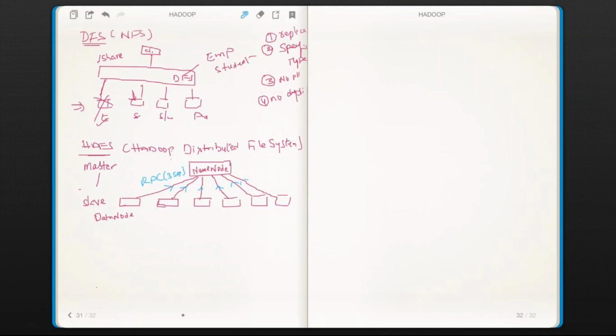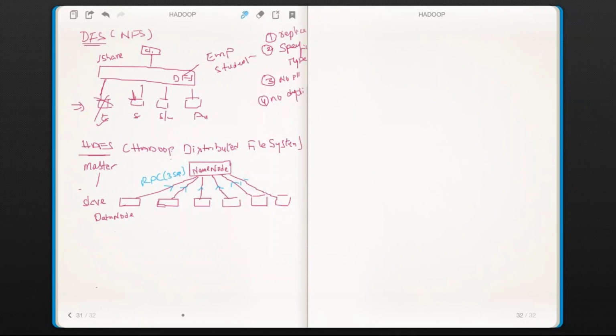Either you're not in front of the computer or you didn't come to the office. The same way, your data nodes keep sending a heartbeat signal to the name node, and the name node keeps track of all data nodes.